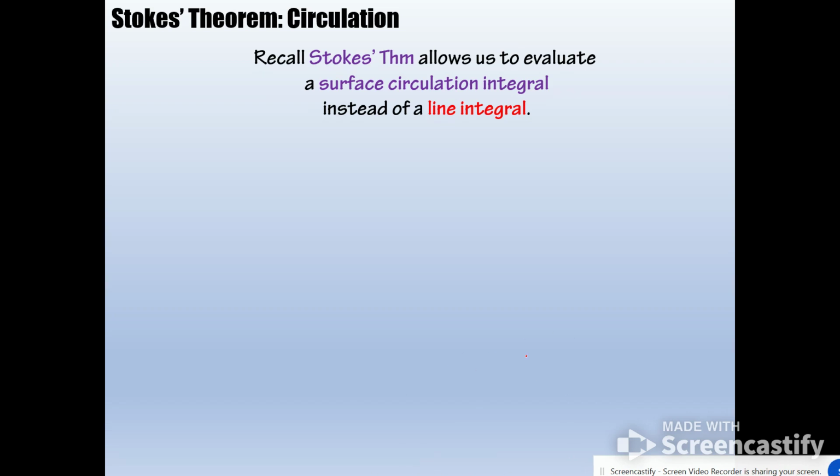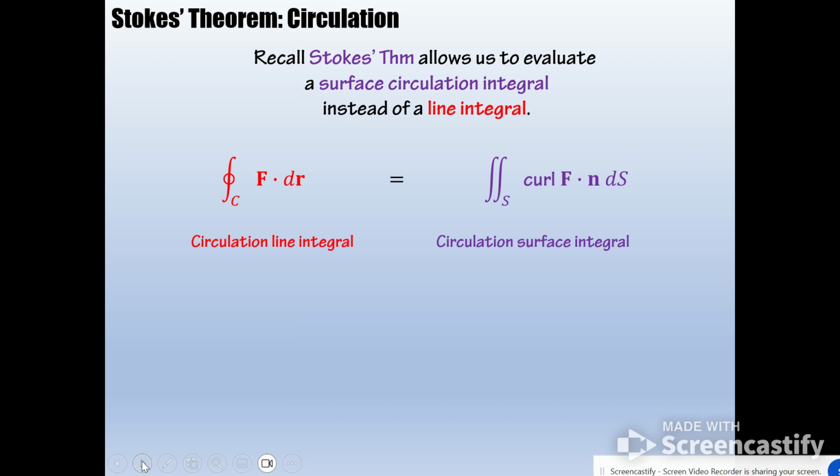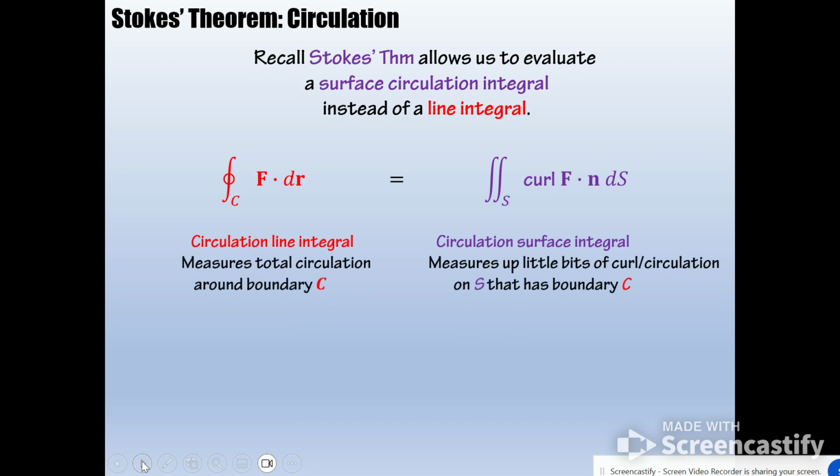So as long as we had a closed, simple closed curve, calculating the work done to go around it was equal to summing up all the curl on the surface dotted with the normal, right? The dot product on the surface. So circulation line integral, circulation surface integral. Total circulation around, little bits of curl circulation on the surface with a boundary that is still that curve C.